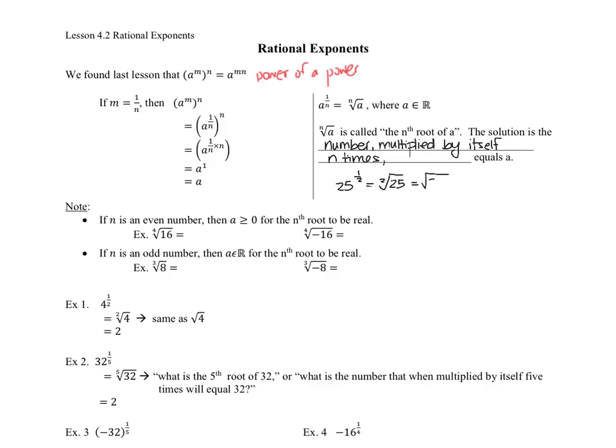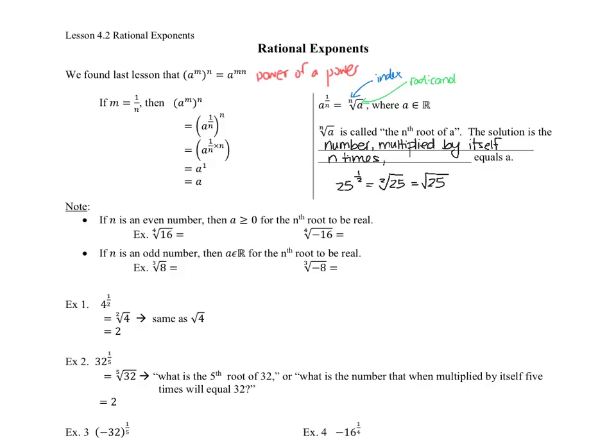The square root is the same thing as just root 25. This number 2, by the way, is called the index, so let me go back here: this n is the index on a, the radicand. When the index is 2, we don't have to write it because it's the default index.